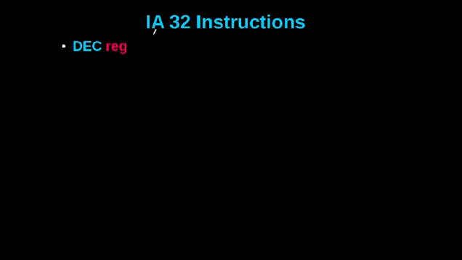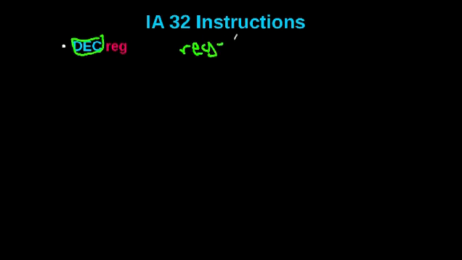Now let's go to the IA-32 instructions, which we're going to be programming. x86 architectures, we're going to use those assemblers. An instruction, DEC, assembly mnemonics. I'm using symbols. Decrement register. Minus minus register is like saying register minus minus in C++, decrement it.